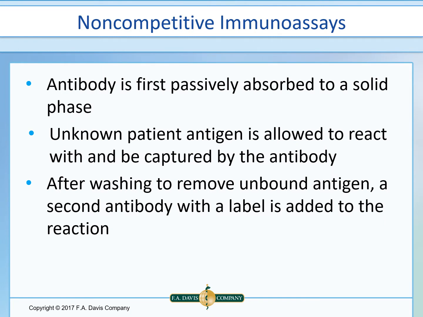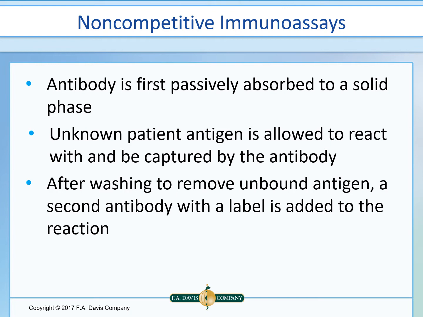Non-competitive immunoassays, in contrast, first passively absorb to a solid phase, such as a microtiter plate, nitrocellulose membrane, or plastic beads. In a typical non-competitive immunoassay, antibody, often called the capture antibody, is present. Any patient antigen present would then be captured.